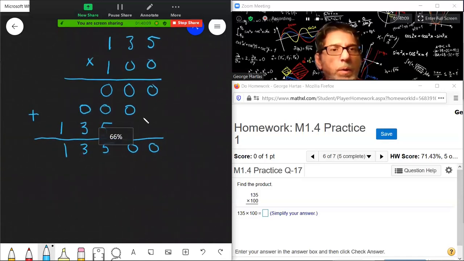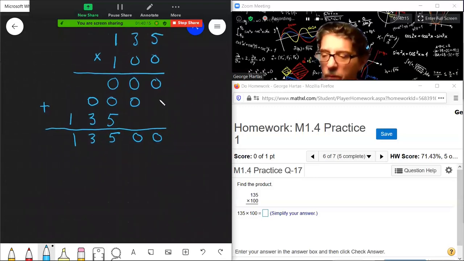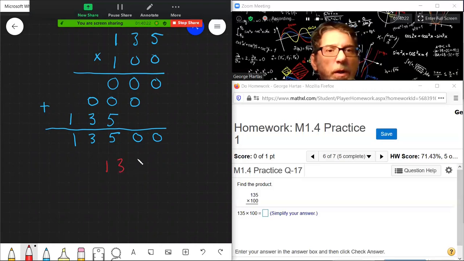Now, let's do it the easier way, and then you tell me which you prefer. 135 times 100. 0 times anything is 0, and I see 2 zeros at the right of the number.